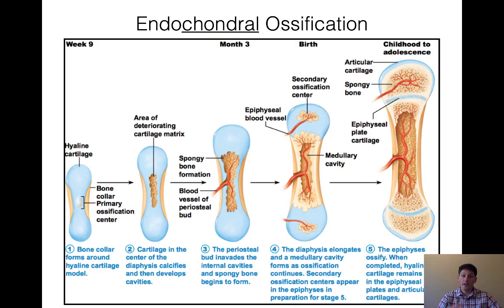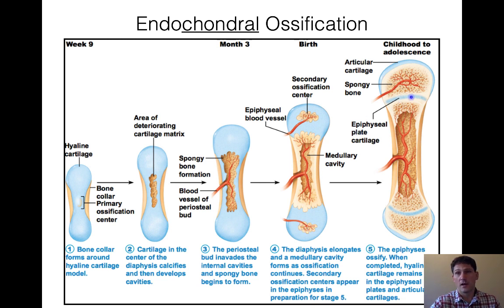So here's the entire image of endochondral ossification. Just to start over, we form a bone collar, we have a primary ossification center, we degrade a little bit of that cartilage, we get vascularization into our diaphysis, we're forming compact bone and spongy bone and more vascularization, and at the same time we're getting a secondary ossification center in our epiphyses.